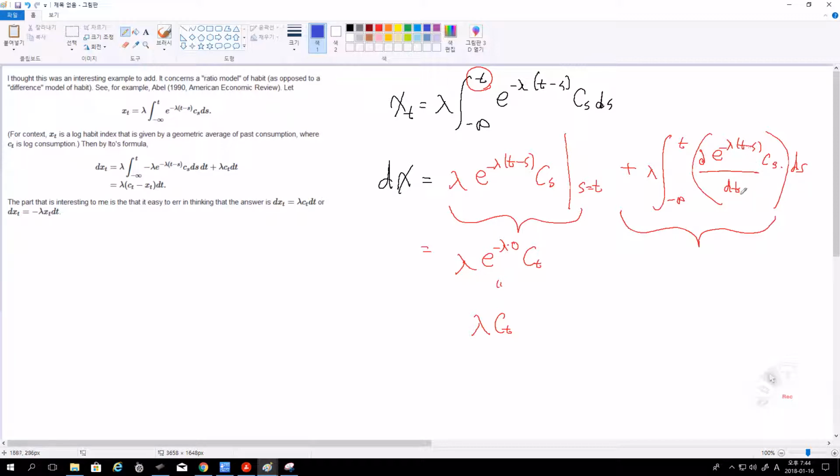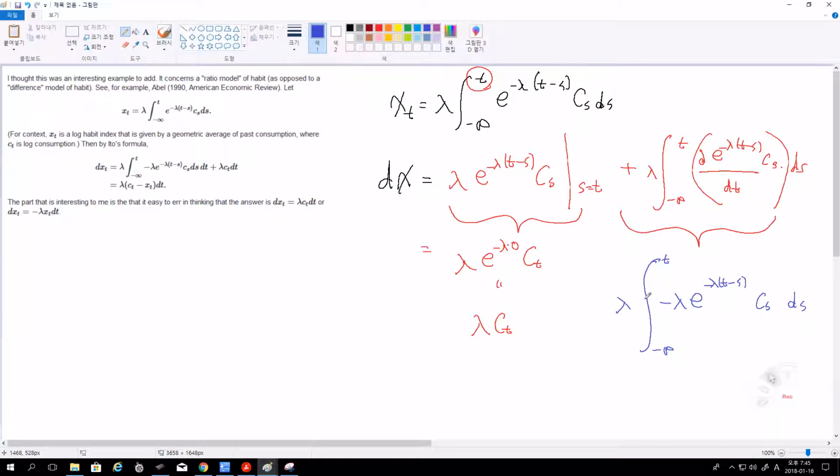But because it is an exponential function, if we take the derivative with respect to t, this one is basically minus lambda e to the minus lambda (t minus s) c(s) ds, and then we need to integrate this over minus infinity to t.